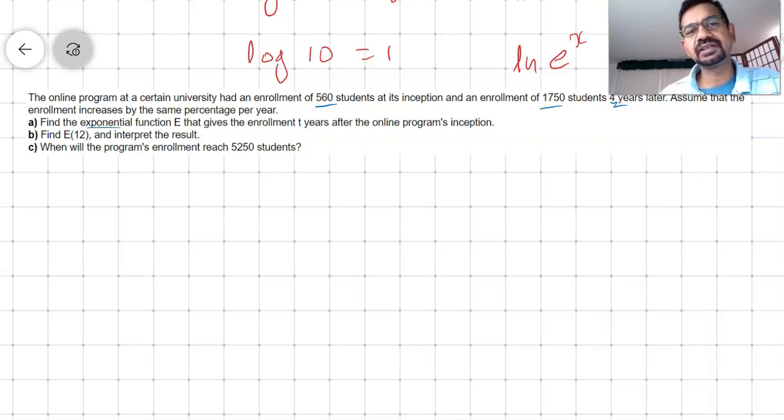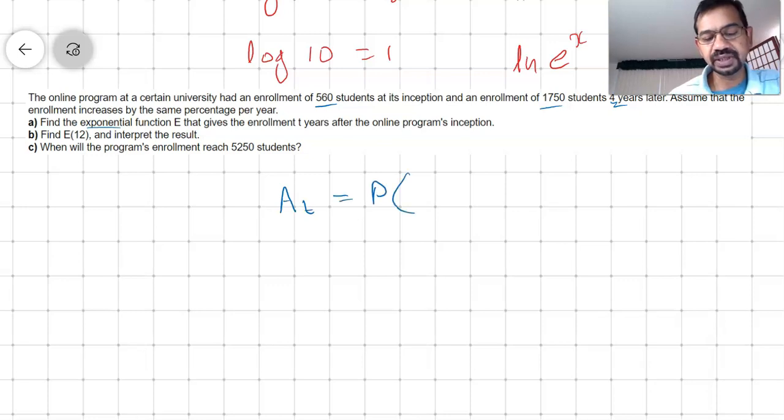Just to recap our discussion of compound interest. We had said that the amount after t years is simply what you start with times (1 plus r) to the power t. Right? So we can now translate this formula, or this exponential growth function, into the context of our problem at hand.